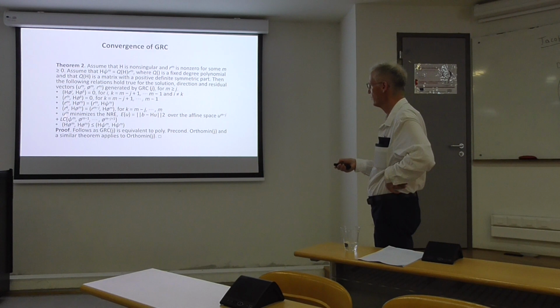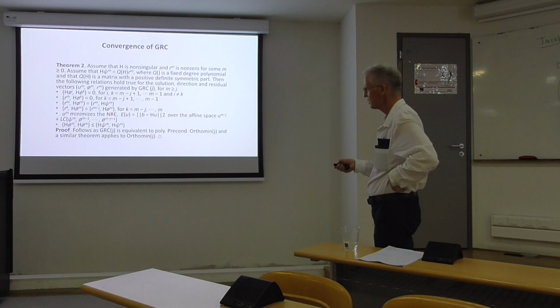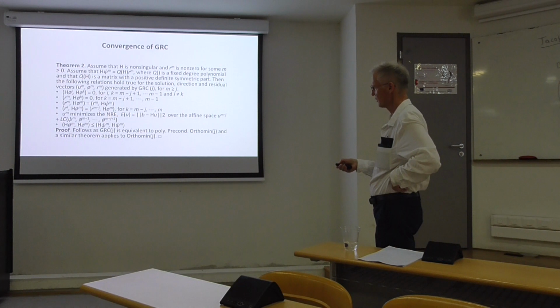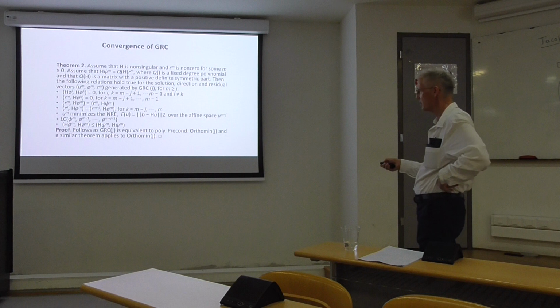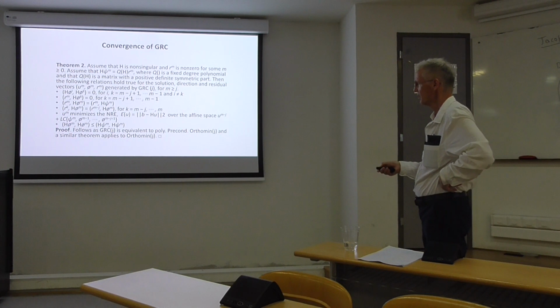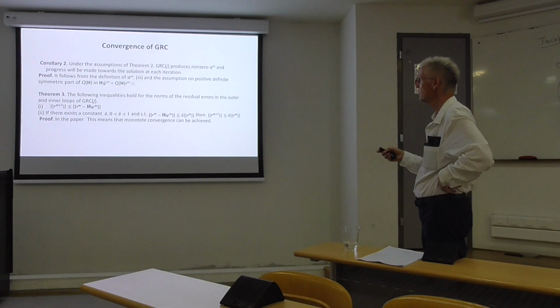I will only focus on this: the approximate solution at step m minimizes the Euclidean norm error over the space of these vectors. It's an affine subspace. This is easy to prove and we'll not deal with it.